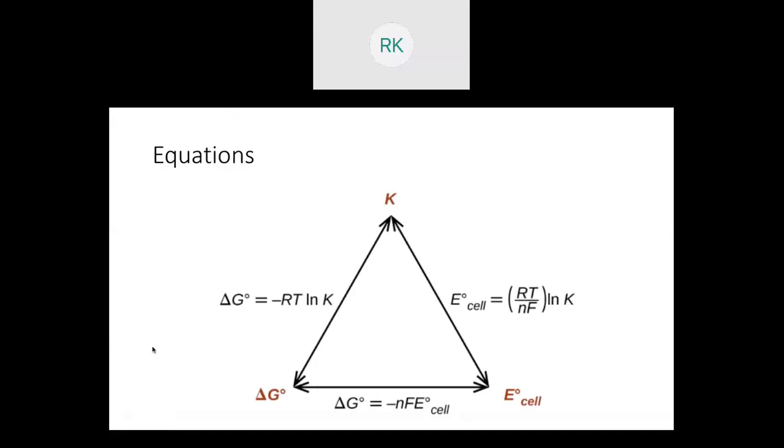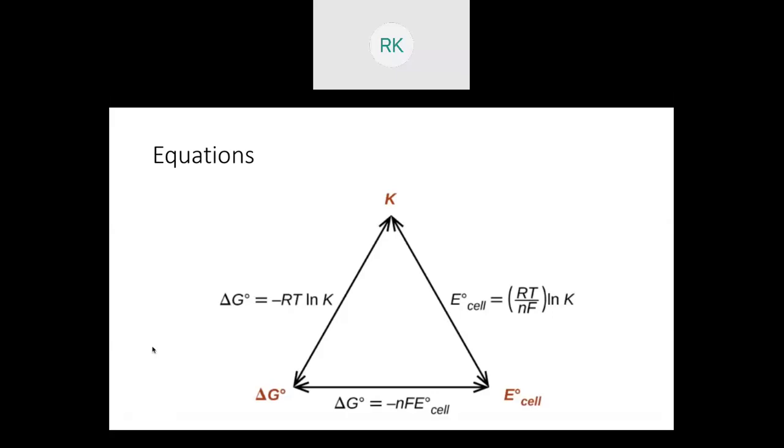Okay. Now, when we relate K and E, E naught of the cell, so our cell potential, it is equal to RT over NF ln K. Okay, so just recognize that it's E naught that is related to K, or related to equilibrium here. Other things to note, our temperature will be measured in Kelvin, and our R value will be that 8.31 value, right?